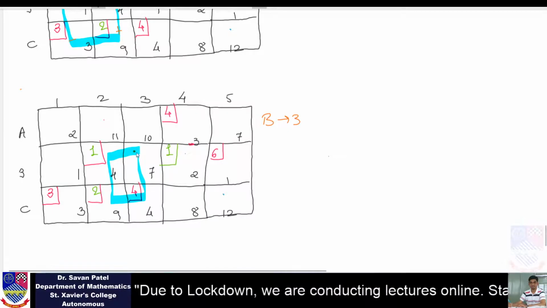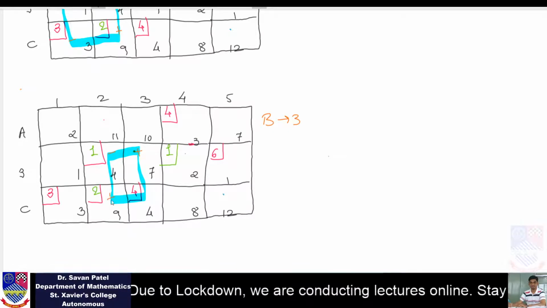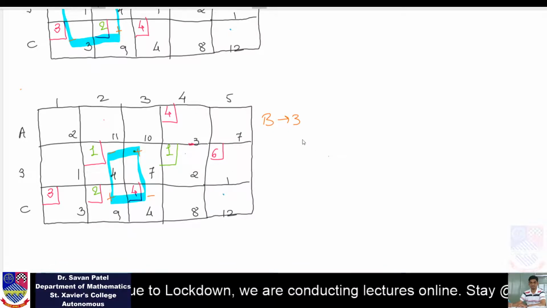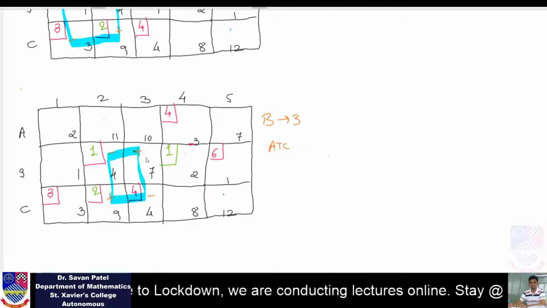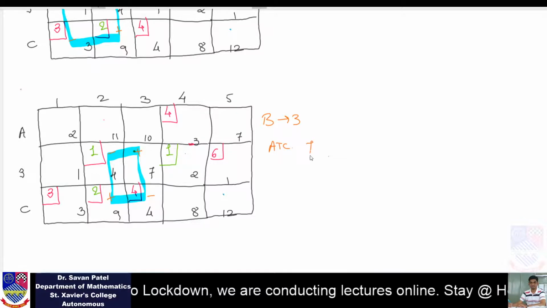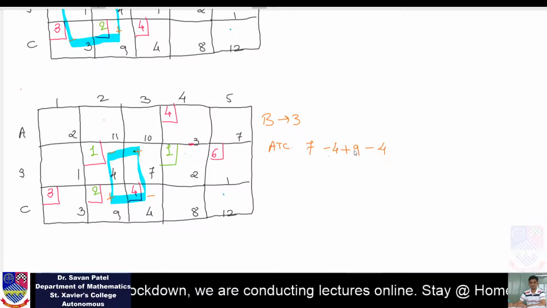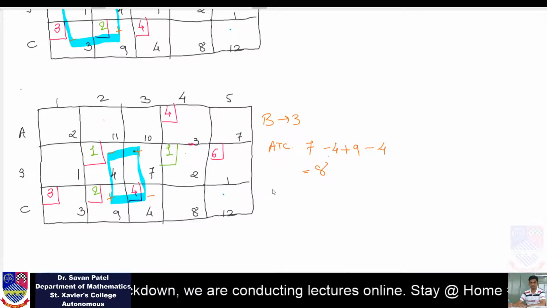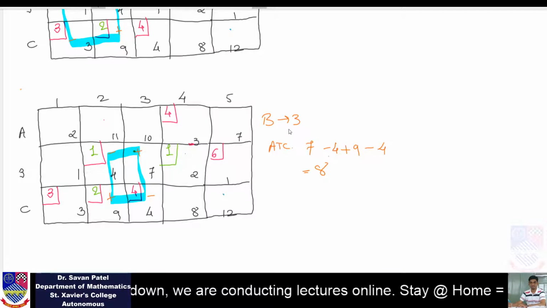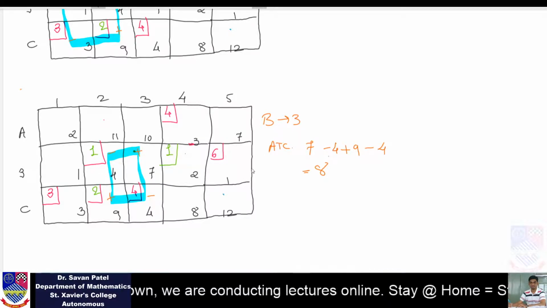So here we will have plus, here we will have minus, plus and minus. So the additional transportation cost on doing that I am having plus 7 minus 4 plus 9 minus 4. So it is 8. So transferring from B to 3 is also not feasible.